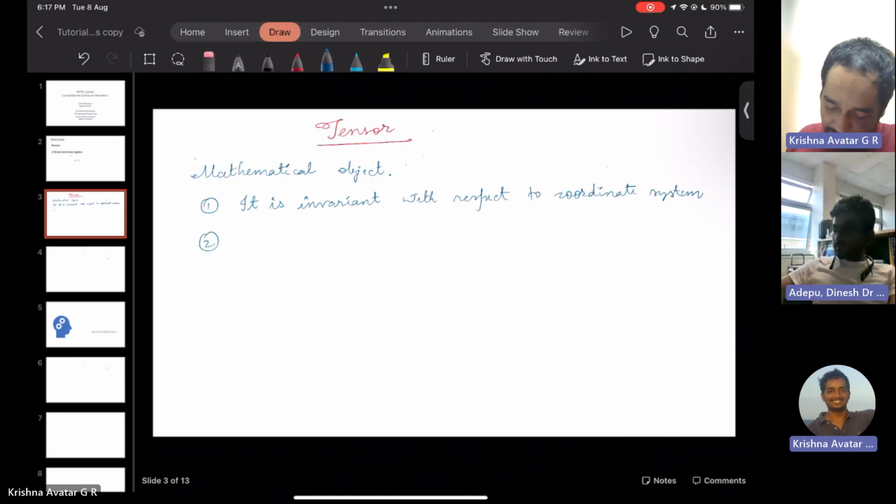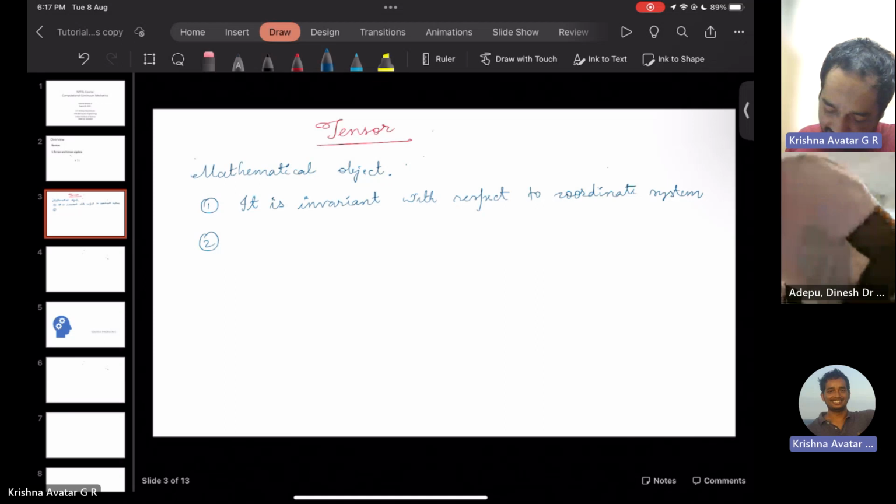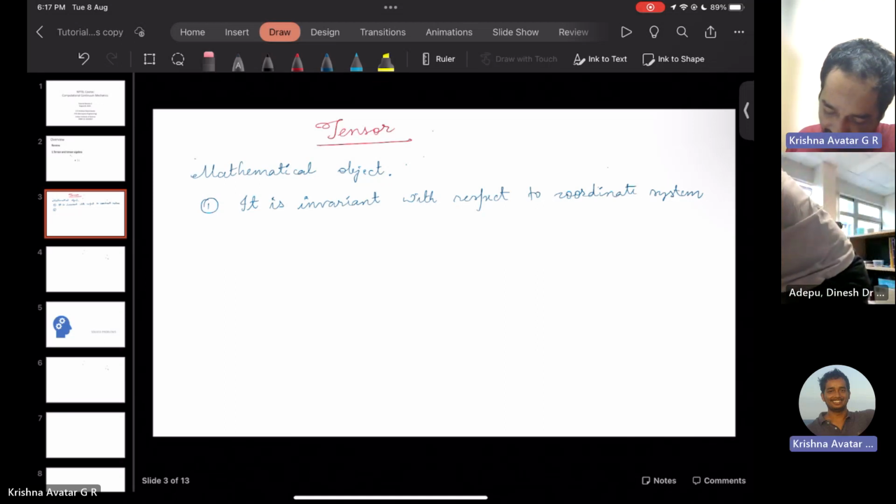And then it has certain other properties.